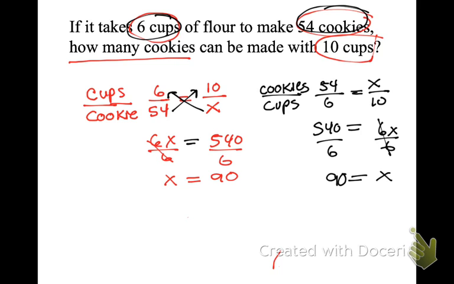Yes, Rami? Can't you do 6 over 10 equals 54 over x? So he's doing 6 over 10. Let's try it. So 6 over 10 equals what? 54 over x. Yeah, it's going to work. Because look, right here we're setting this up. I don't want you to be in the habit, that's kind of going back to that last slide I have. But I want you to be in the habit to set it up in words first. And going across should be the same. So how's he setting up? What is the pattern?